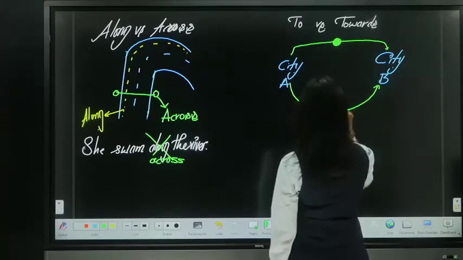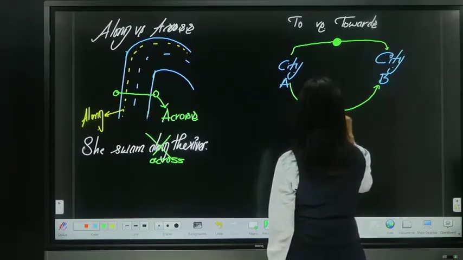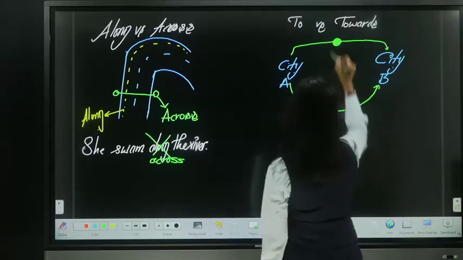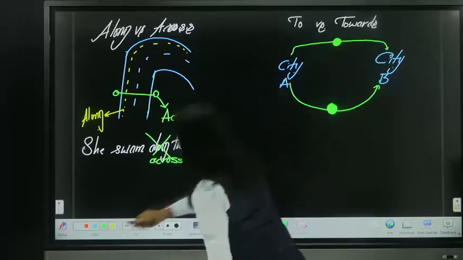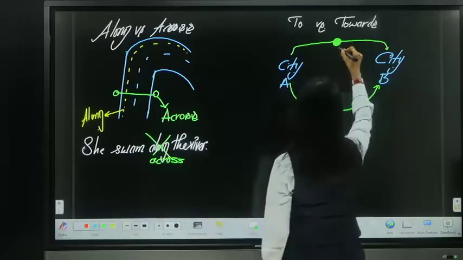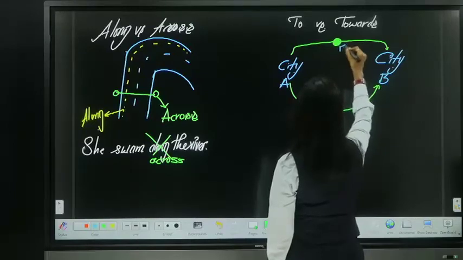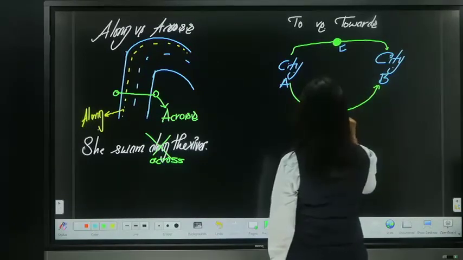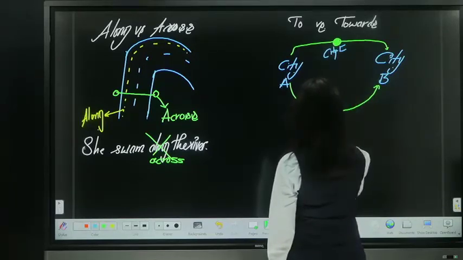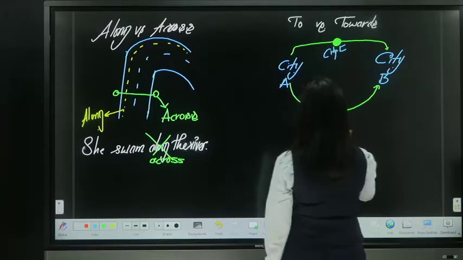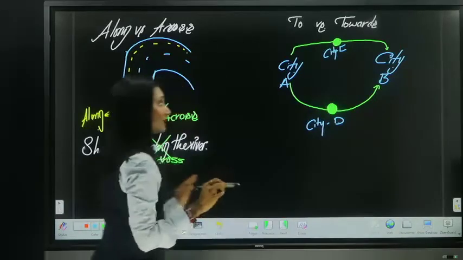This way connects another city in between. Let me call that city C and this one city D. So what is your destination?